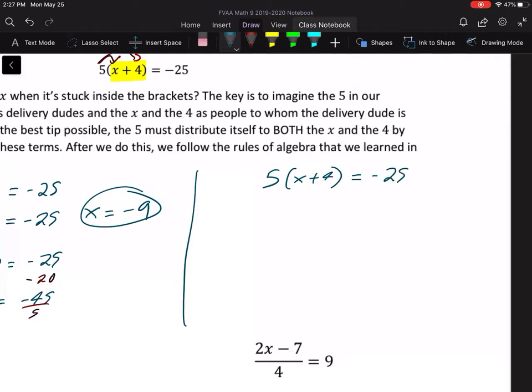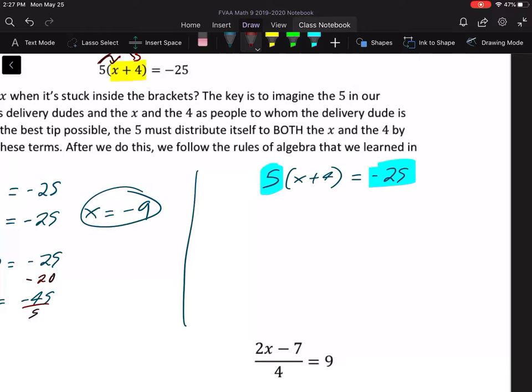I would suggest that you do this really only if the number you're multiplying on this side is a multiple of your number on the other side of the equal sign. Because in this situation, 5 goes really well into 25, doesn't it?